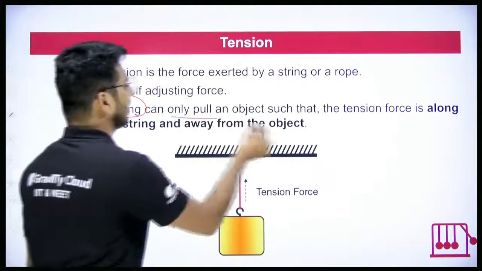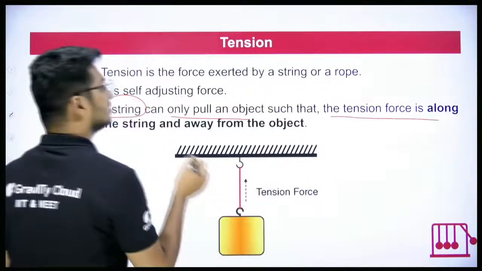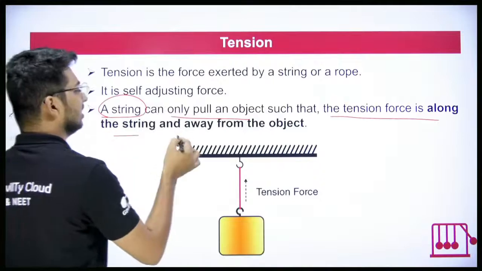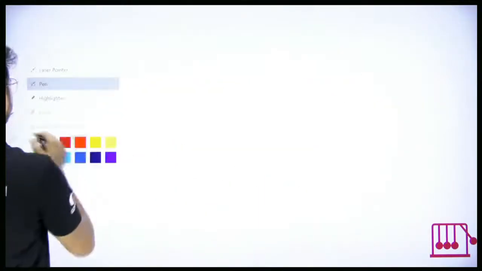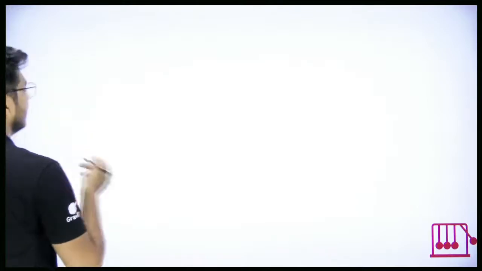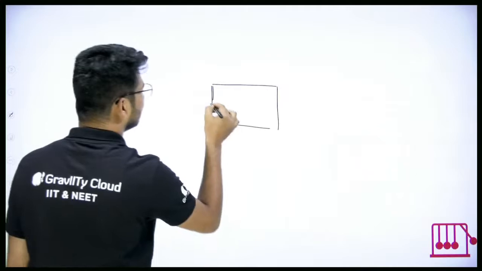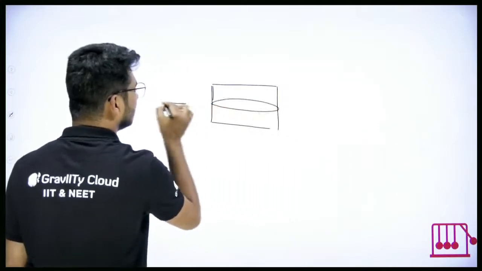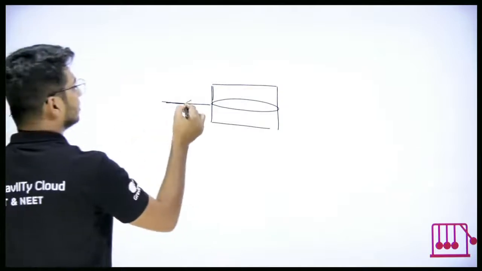So a string can only pull an object such that the tension force is along the string and away from the object. So here, if this is the object, let's say it is tied to a string. Now how will the string apply force?